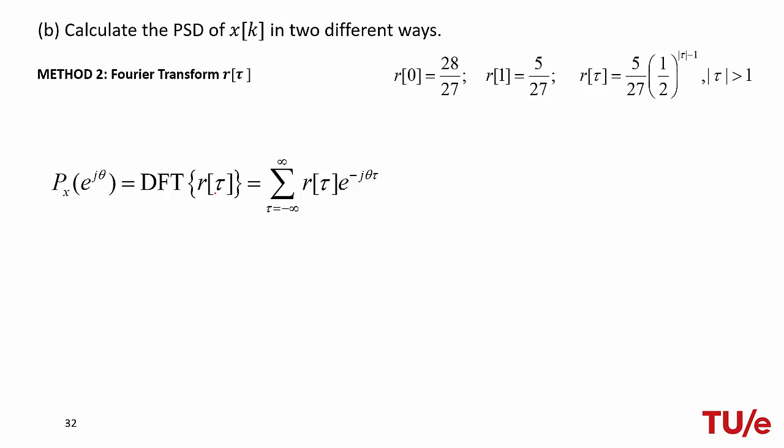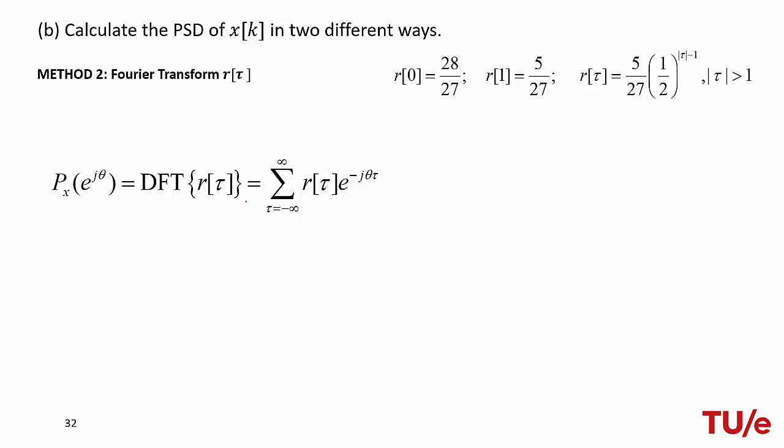A second way to calculate the power spectral density when we know the autocorrelation function is to use the Wiener-Khinchin theorem that tells us that the power spectral density of X is simply calculated by taking the Fourier transform of the autocorrelation function.